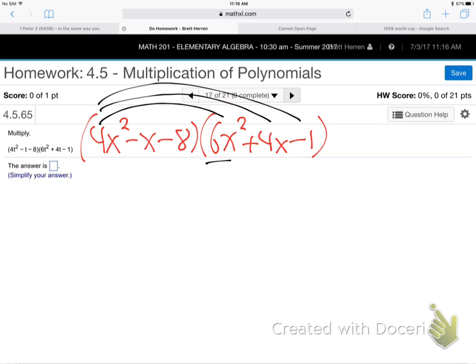The 4x squared will visit all 3 in the other parenthesis. When he's done, the minus x will go. When he's done, the minus 8 will go. They take turns visiting the 3 in the other parenthesis. Out front numbers multiply, powers add.